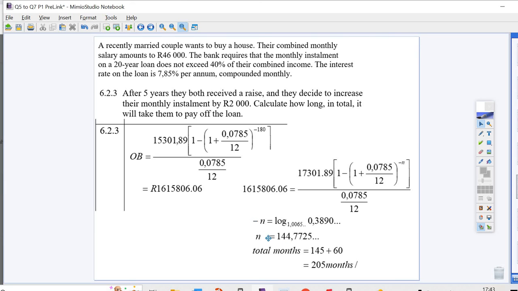Well, negative N equals negative, so N is 144 and some change. So it's going to take 145 months, plus the 60 that you've already paid, the 5 years. So the answer is 205 months.